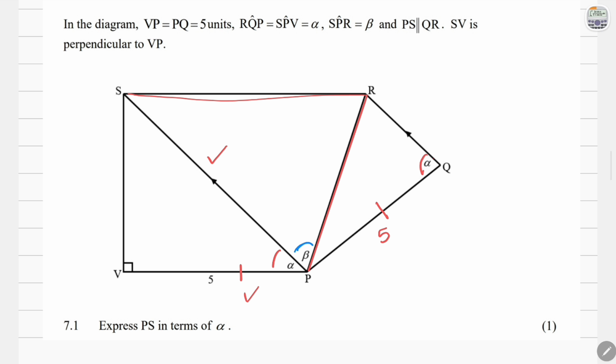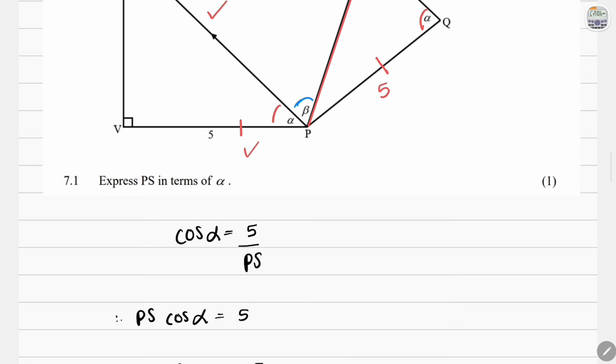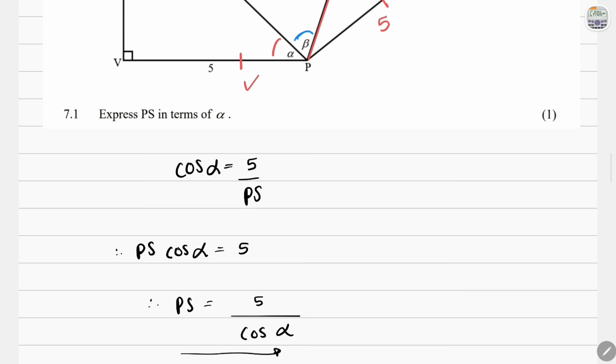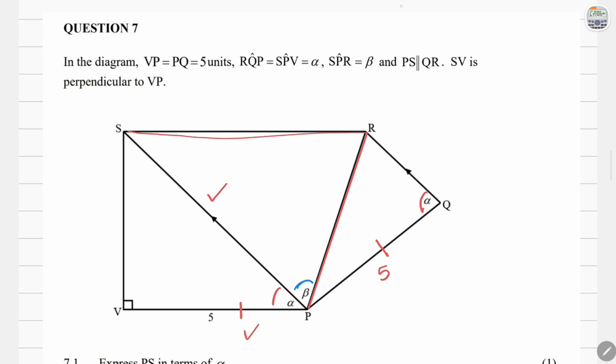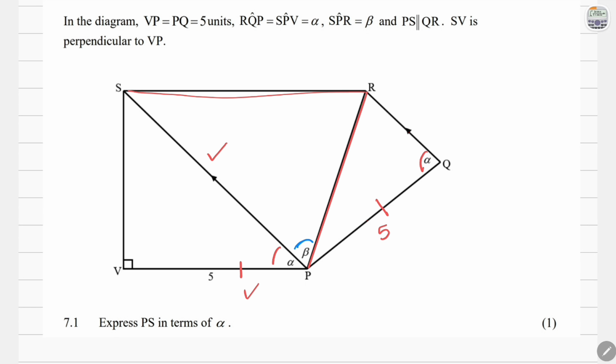In this triangle, we have PS, which we found previously, in terms of alpha. But seeing that this is not a right angle triangle, if we were using PS, we would need to use the sine rule, meaning you would need the angle opposite PS. And I have no idea what that is.